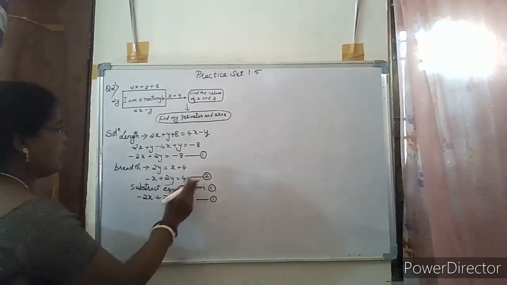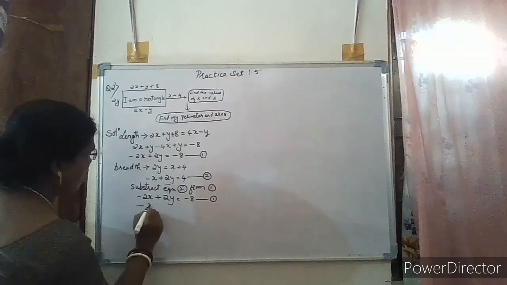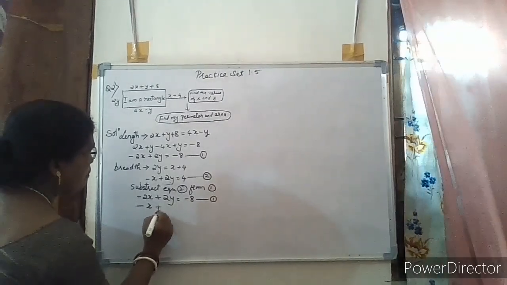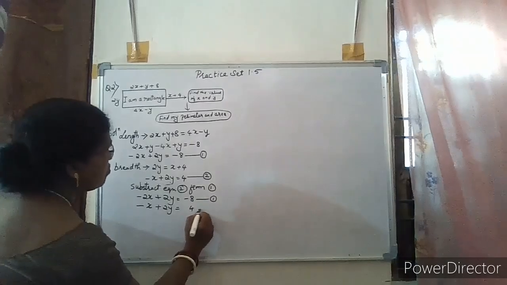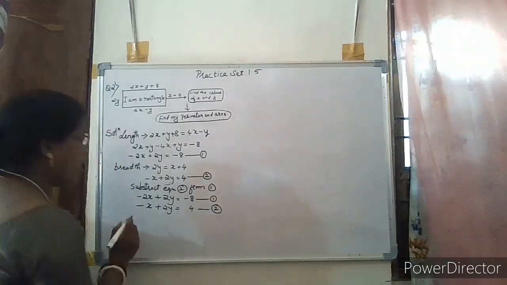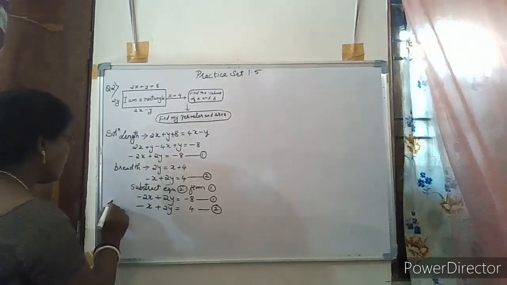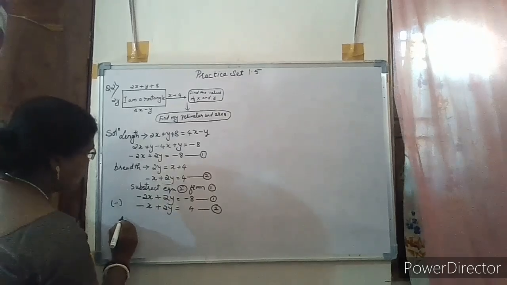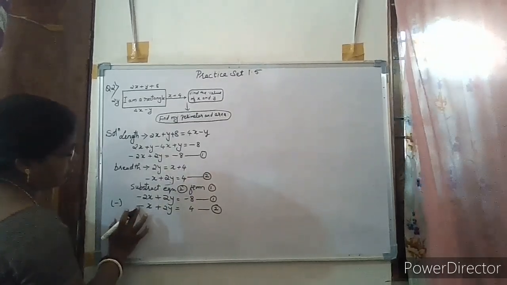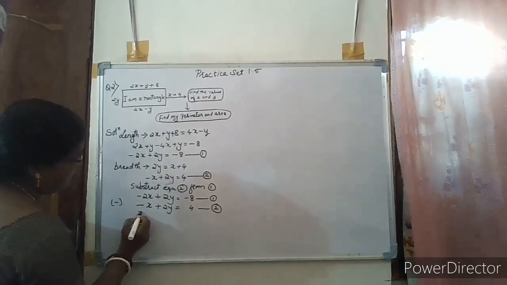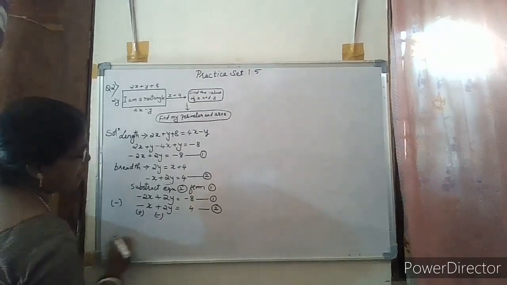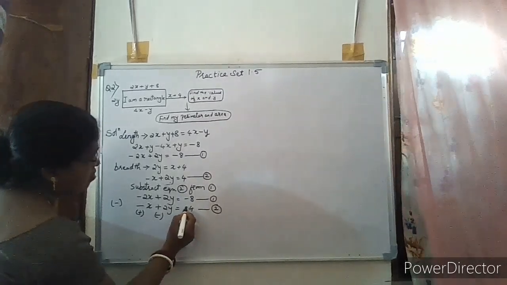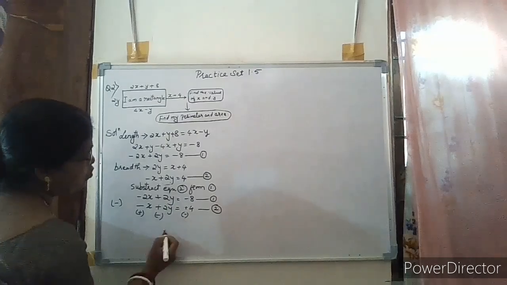Equation 2 is minus x plus 2y is equal to 4. We are subtracting this, therefore we have to change the signs. This is minus, so it will convert to plus. This is plus, it will convert to minus. This is plus here, it will convert to minus.